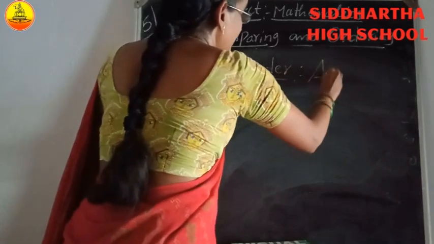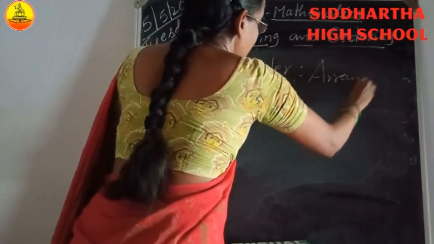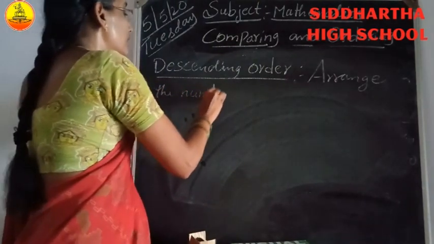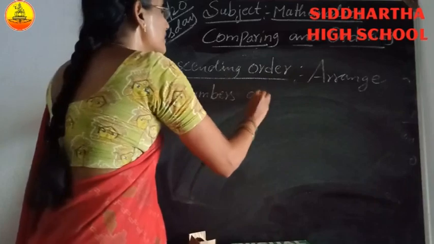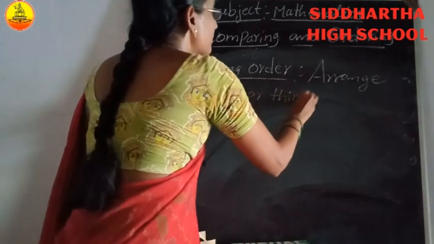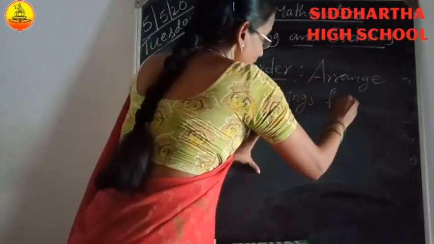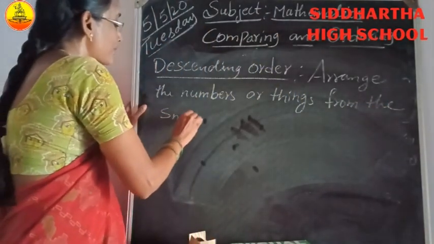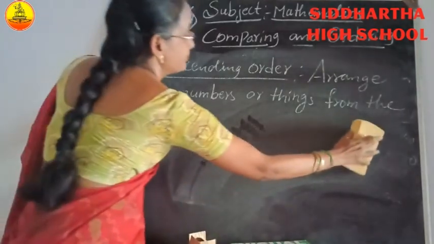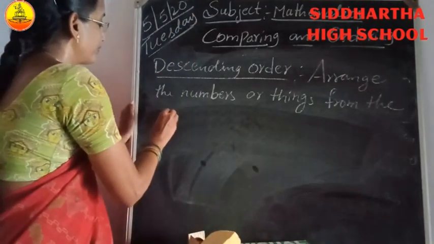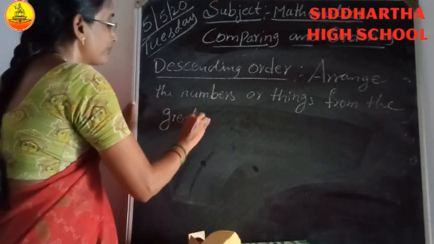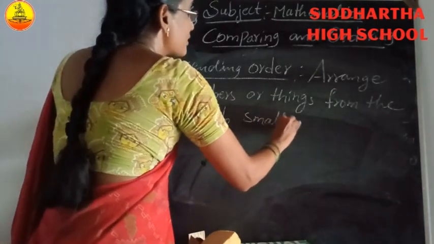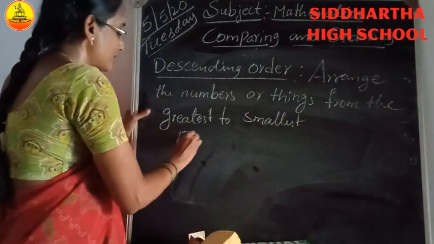Descending order means arrange the numbers or things from the greatest to smallest. Greatest to smallest.